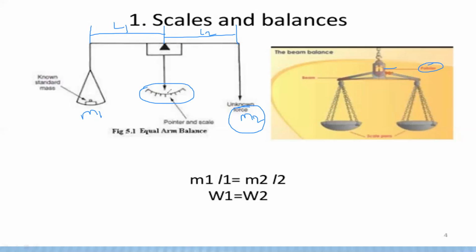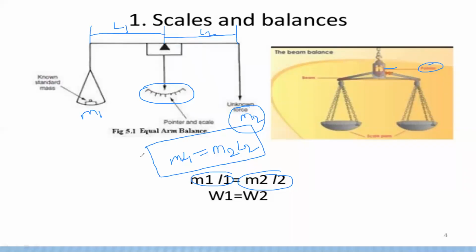So M1 L1 is equal to M2 L2. This is the condition used for the equilibrium condition.